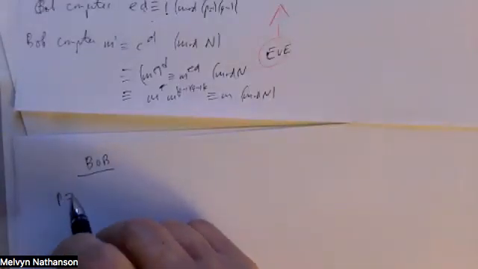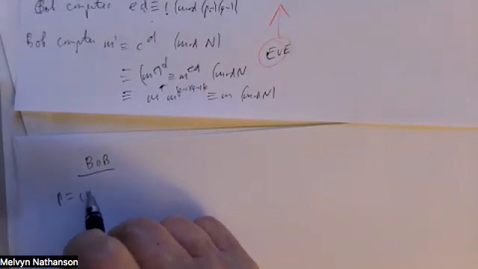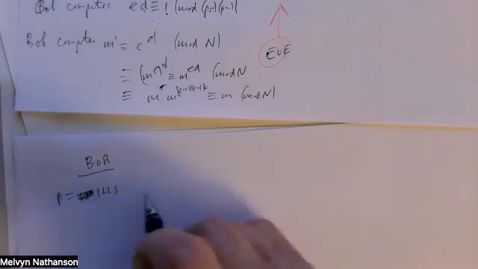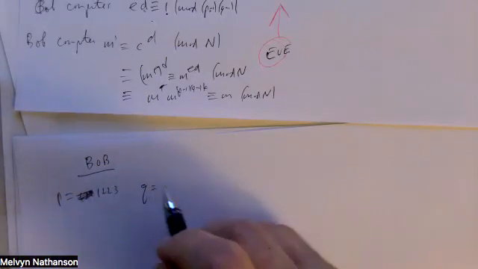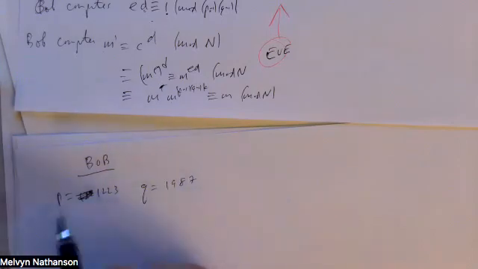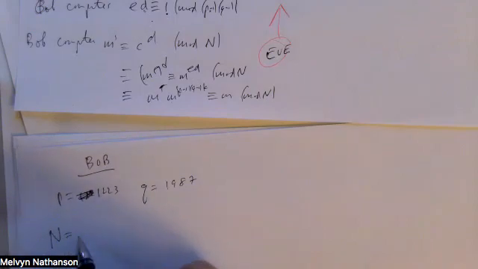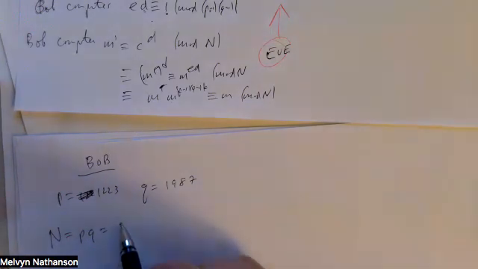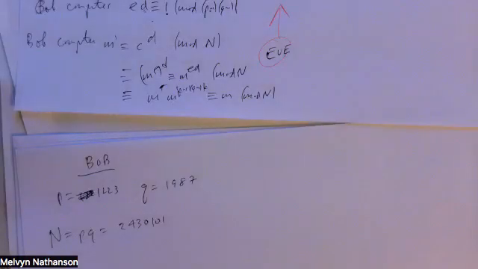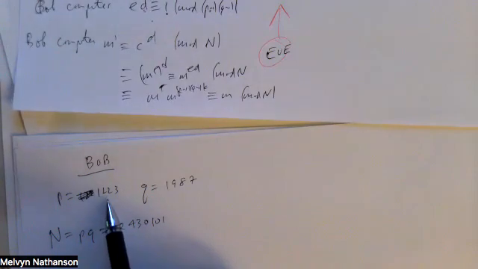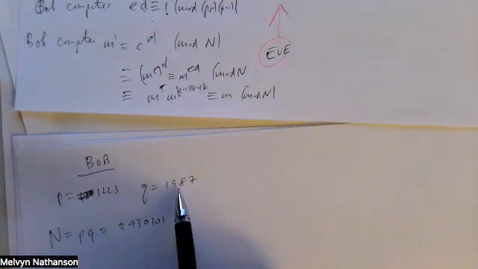So suppose he lets P, the first prime, be 1223, and the second prime be 1987. So Bob knows P and Q. He doesn't tell anyone. But then all he does is multiply them together.